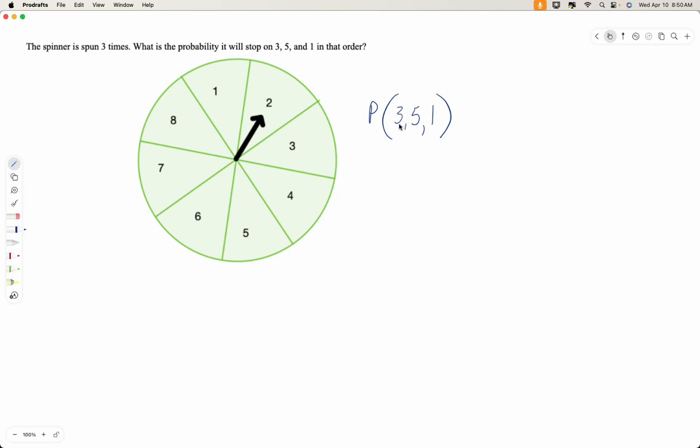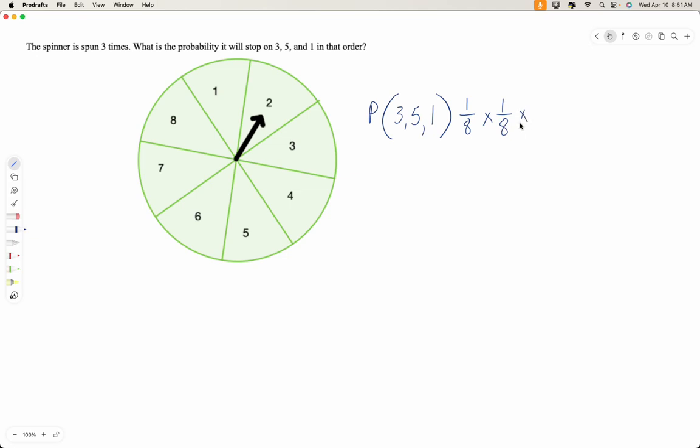Okay, so the probability that it will land on 3, this is 1 space out of 8 spaces. We multiply that times the next event that we want to happen. The next event we want is for it to land on 5. 5 is 1 out of the 8 spaces.